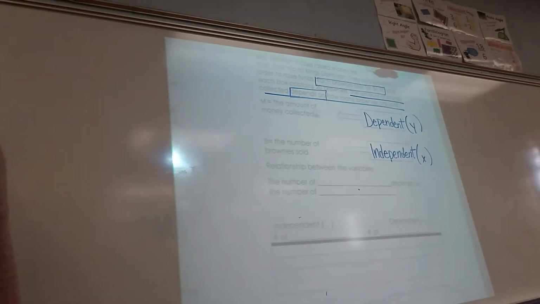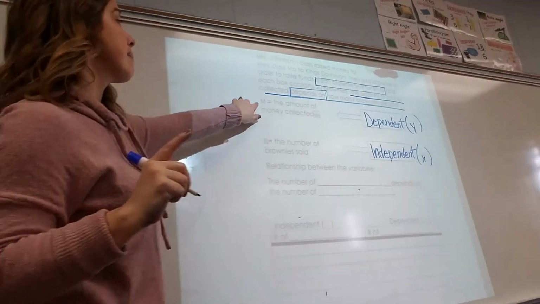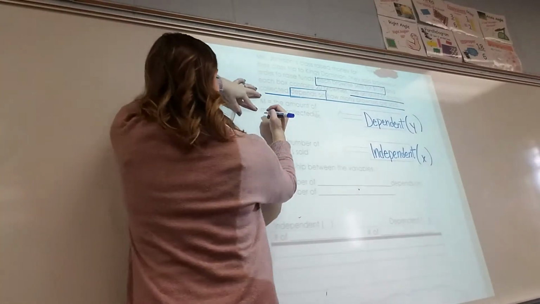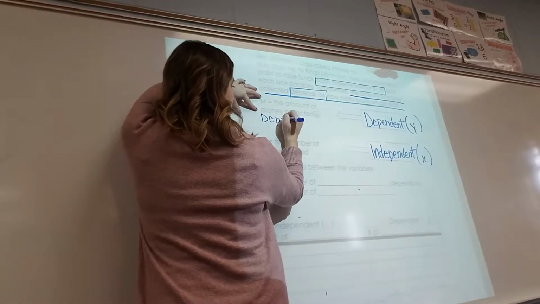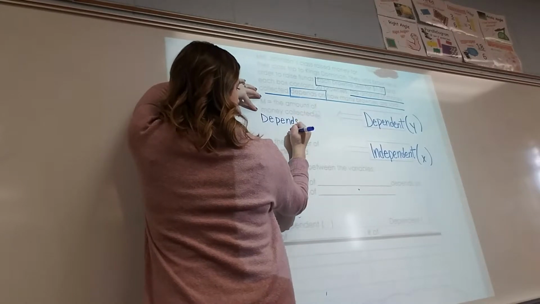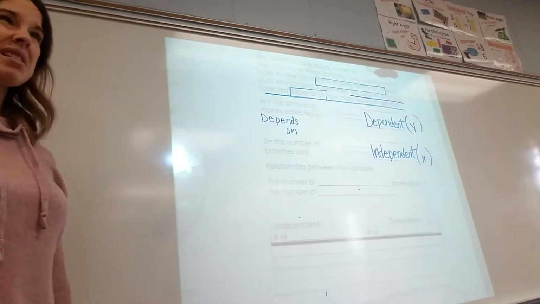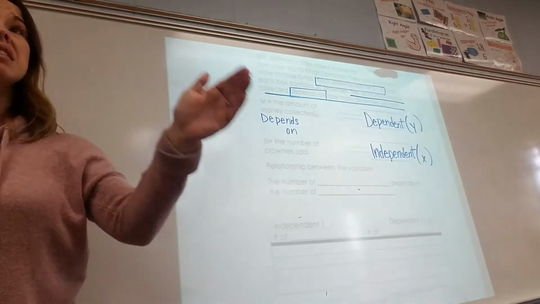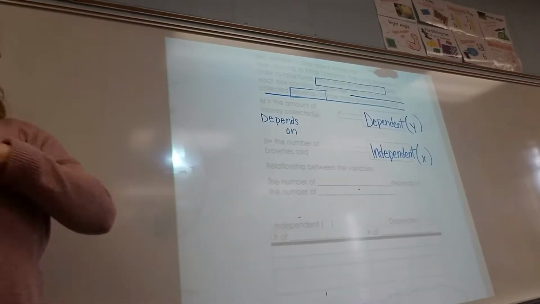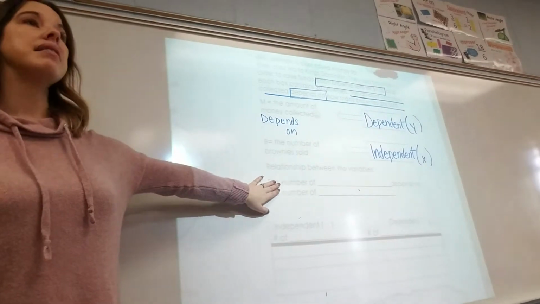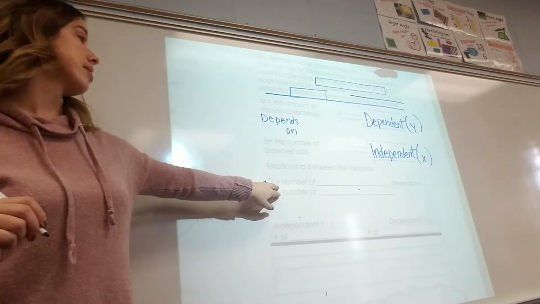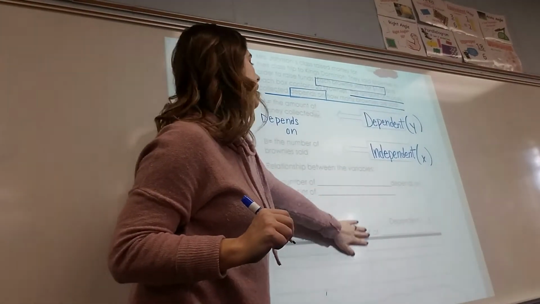Now, another way that you can think of this, guys, is the amount of money collected depends on the number of brownies that we sell. Okay? Does that help? So whatever depends on what? Here's your, fill this in. Relationship between the variables. And I don't know why they put the number of, because it doesn't make sense.